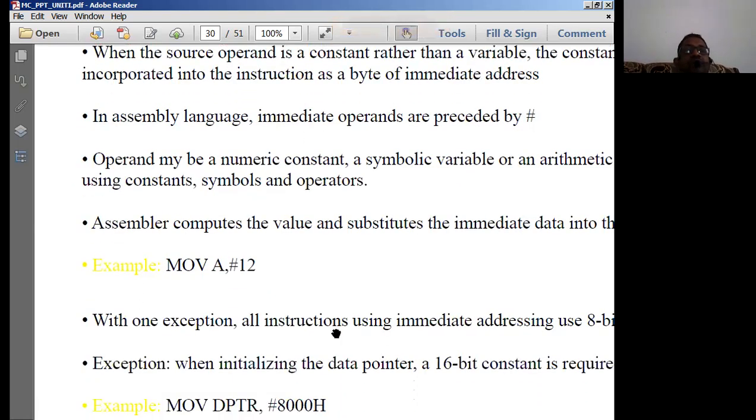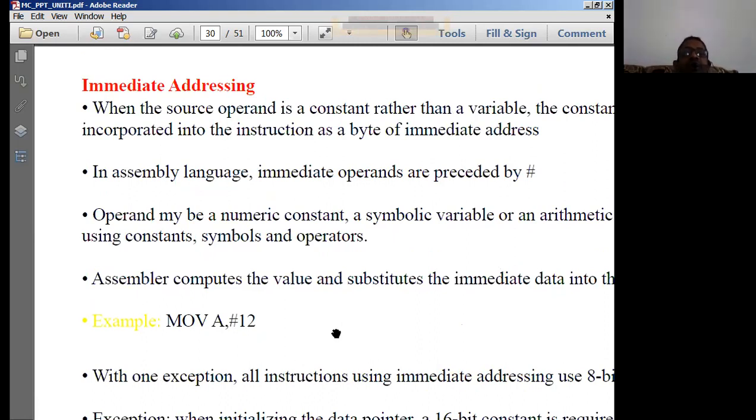So next is the immediate addressing mode. This mode is represented by the hash symbol. Wherever you have a hash, it means immediate addressing. That means we are not using any memory location to get the data. Directly the data 12 is simply moved into A. In the direct addressing mode, the address from where we get the data is directly mentioned, whereas in indirect addressing mode, it is mentioned by using a register.